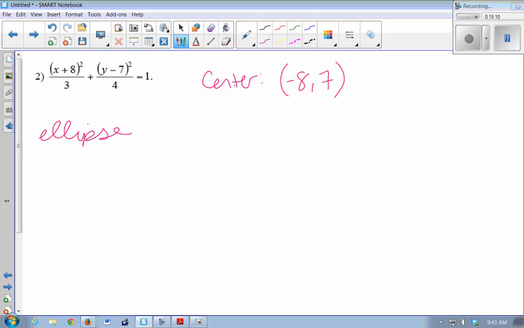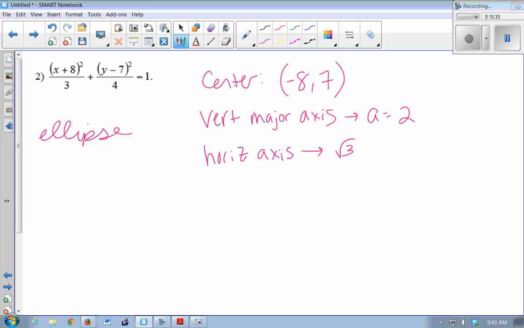Right, so this is a vertical major axis. And its length is 2. Half of its length is 2. And then for the horizontal axis, we use square root of 3, either side of the center.